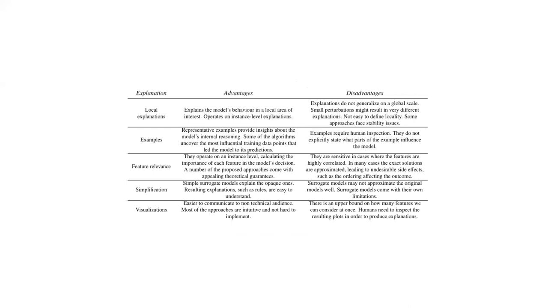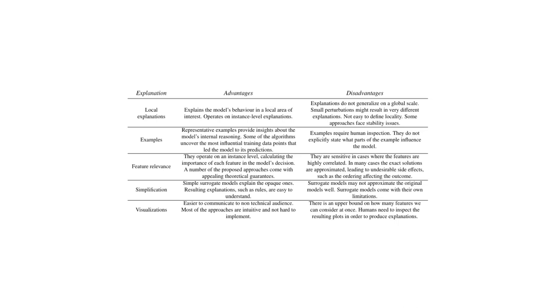Finally, it's also worth keeping in mind what kind of advantages and disadvantages the different techniques offer, right? So for instance, looking at the second row again, examples are an attractive way of explaining because they give you representative data points, but the disadvantage is that it is up to you to figure out what is really important in these examples that categorizes them as a representative example, right?